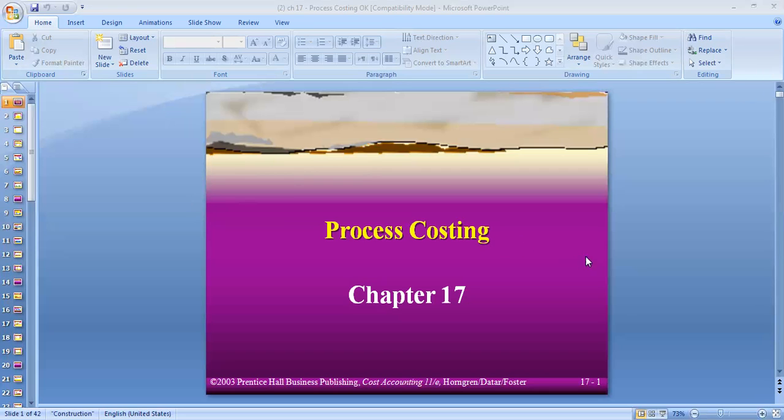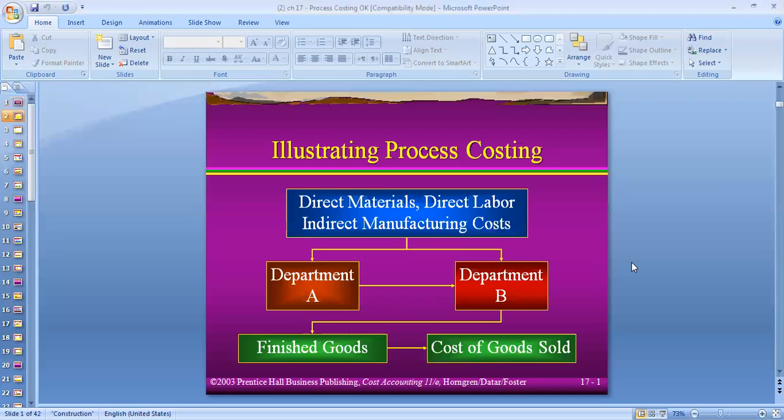Process costing. Illustrating process costing. Direct materials as a cost, direct labor as a cost, indirect manufacturing costs as a cost, all appear in each department. So department A has its direct materials, direct labor, and indirect manufacturing cost.